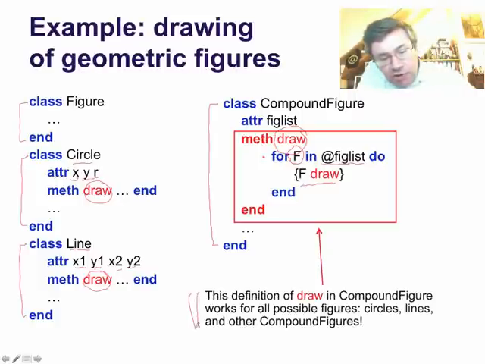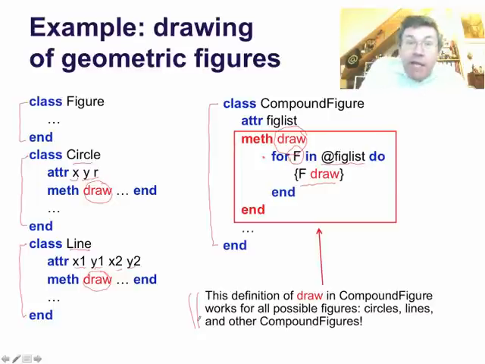So this definition of draw in compound figure works for all possible figures: circles, lines, other compound figures, and even new figures that we didn't know existed when we wrote compound figure. So we can see that this program is polymorphic. It works for all possible figures.